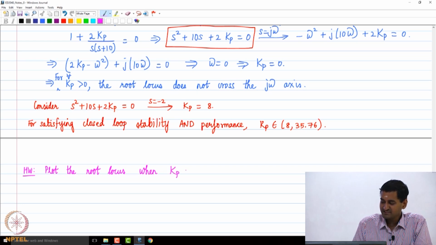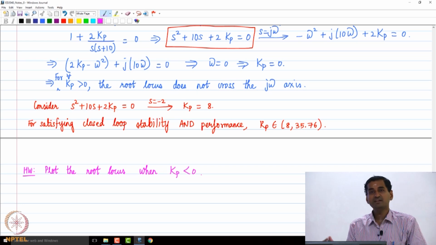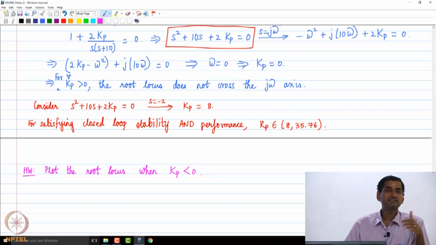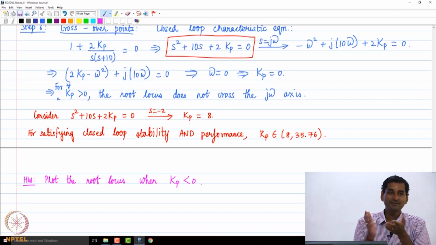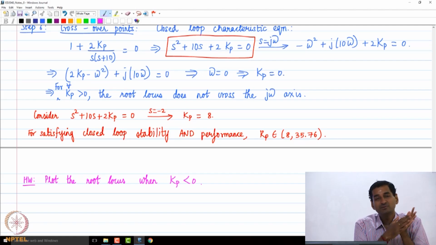This is just an exercise so that you get familiar with the other ways of plotting the root locus also. You will see that when Kp is negative, we already know the closed loop system is not going to be stable. One branch will always go into the right half plane. That is what will happen when Kp is negative.